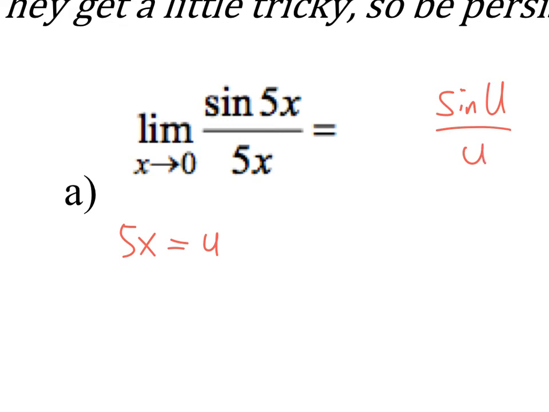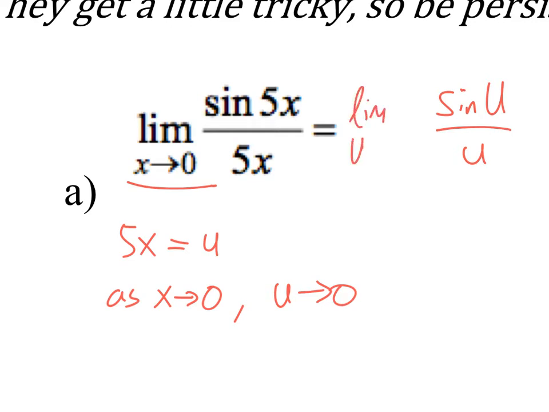We're just doing a little substitution there. Okay? And, well, when x goes to 0, what's happening to u? Well, as x goes to 0, u is going to go to 0 because u is 5 times x. So 5 times 0 is 0. So u is going to 0. So we've just changed this to u going to 0.